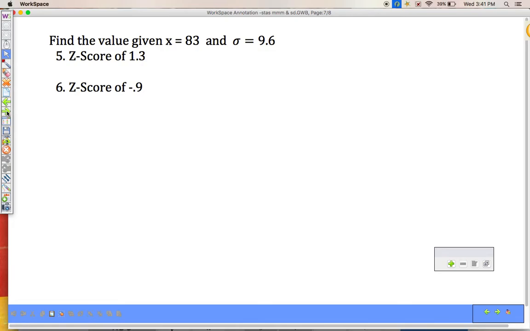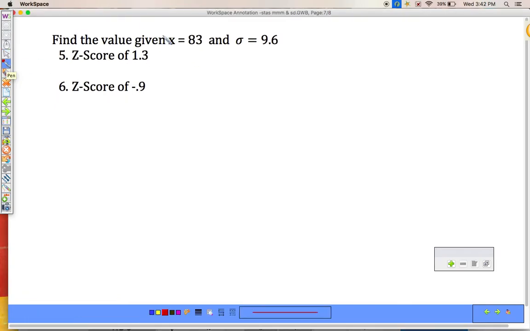All right, now going a different direction, we're going to give a z-score, and then we're going to figure out our value that is 1.3 standard deviations above the mean, and then we're going to find the value that's negative 0.9 standard deviations from the mean.